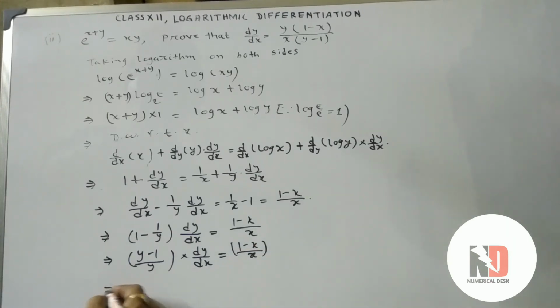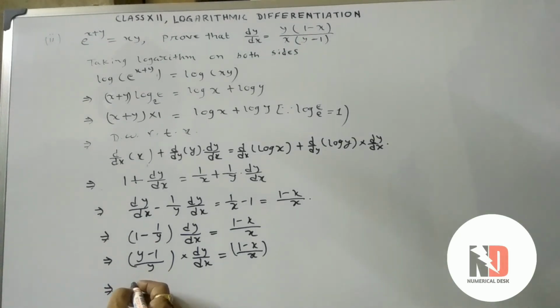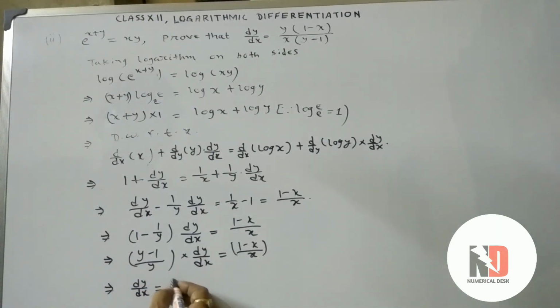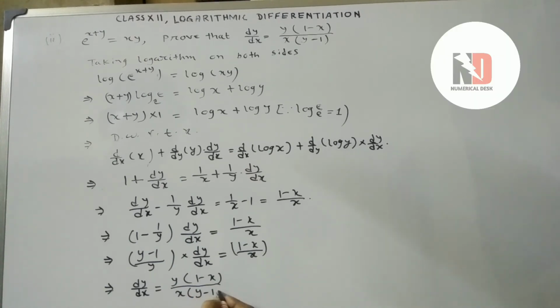I hope now dy by dx is in our hand. Therefore we can get dy by dx, and we get the proof directly from this step. So dy by dx is equal to y into 1 minus x, over, in the denominator, x into y minus 1. Hence the proof is done.